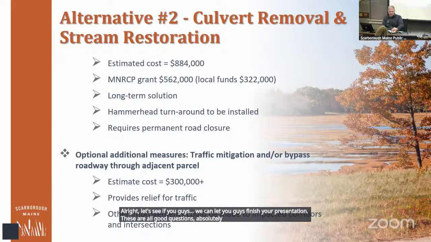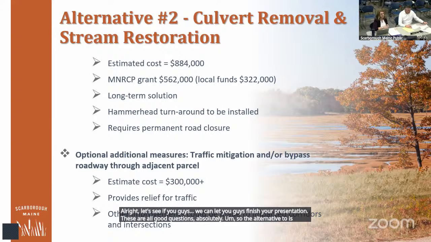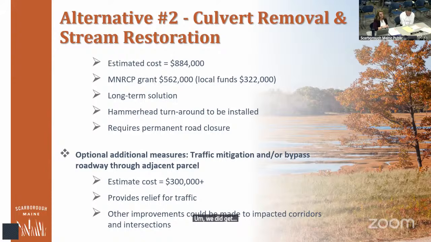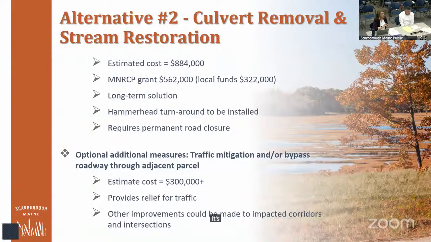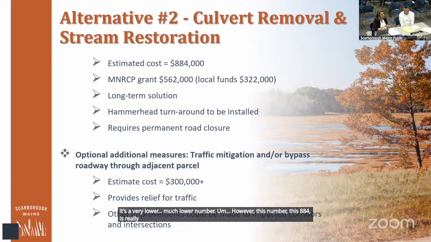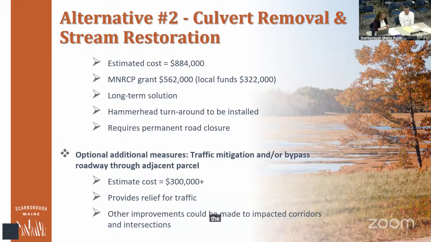So alternative 2, I know we're bouncing around a little bit, was the culvert removal and stream restoration. We did get some initial costs of just, if we go out there and cut the road and rip out culverts and then add stone, it's a very much lower number. However, this number, this 884, is really based on the criteria of the grant we talked about, the MNRCP grant, which has monitoring and a work plan.